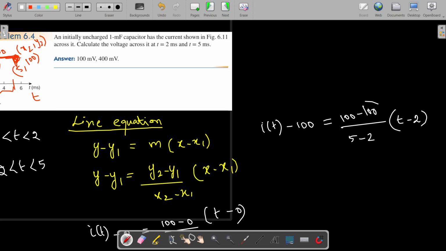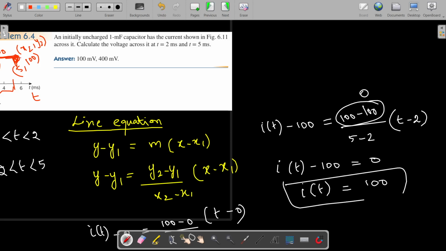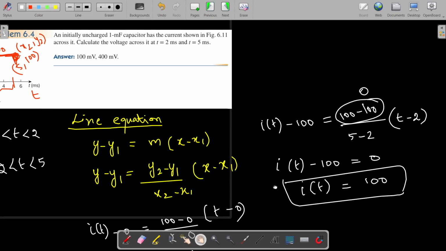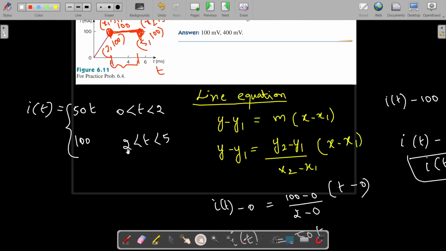When you look at this, here you have 100 minus 100, that becomes 0. So 0 multiplied by anything is 0. So it becomes I of t minus 100 equal to 0, or we can say that I of t for the second portion is equal to 100. This is what we have written for the second portion already, for time between 2 and 5.